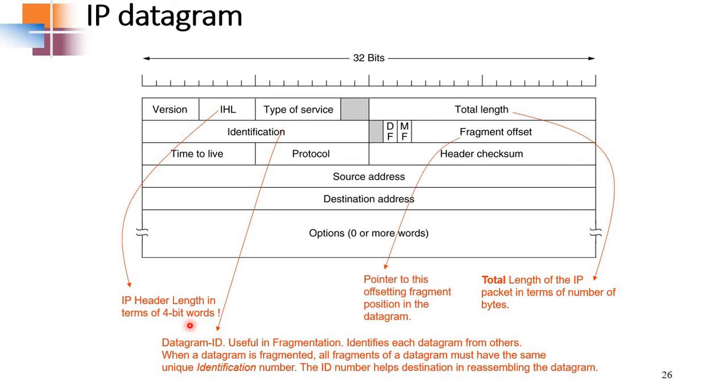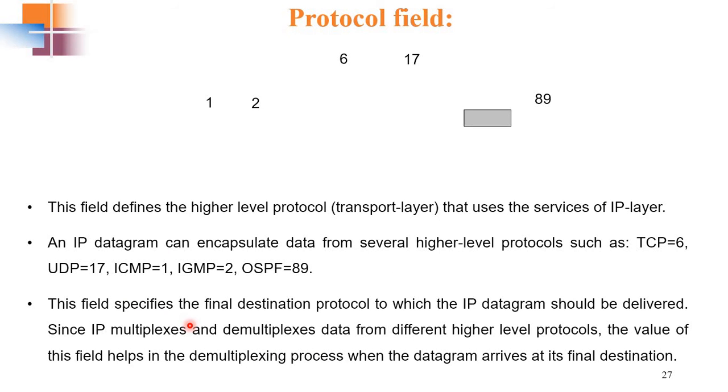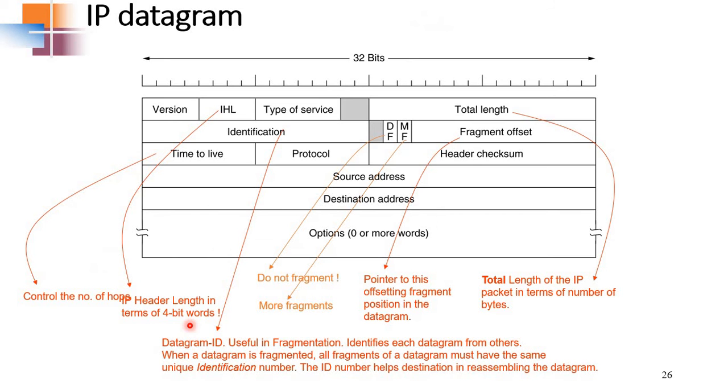Next are the fragmentation fields, mainly used for pointing the offset values between two positions. DF is do not fragment, and MF is more fragments; the values can be either 0 or 1. Time to live is used to control the number of hops between the sender and the receiver. Now we are moving on to the next field called protocol.